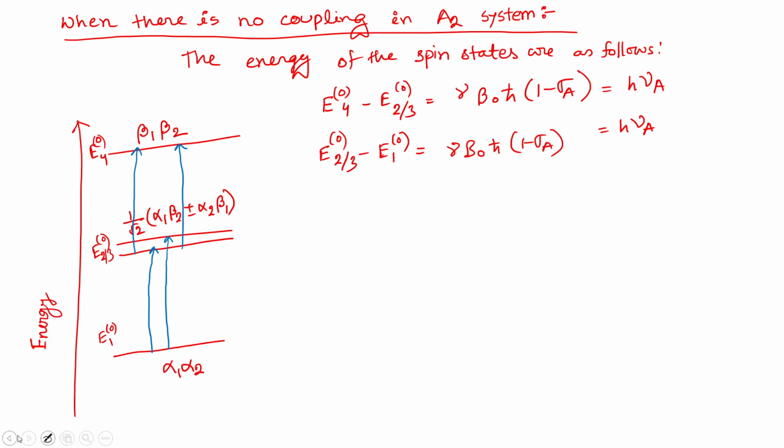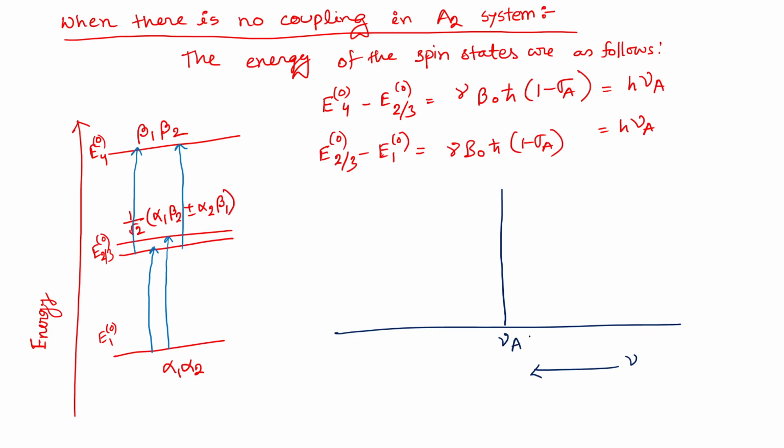And that's why in the spectrum you are going to see only one line at the Larmor frequency of this A nucleus. Even though four transitions are taking place, we are only seeing one.